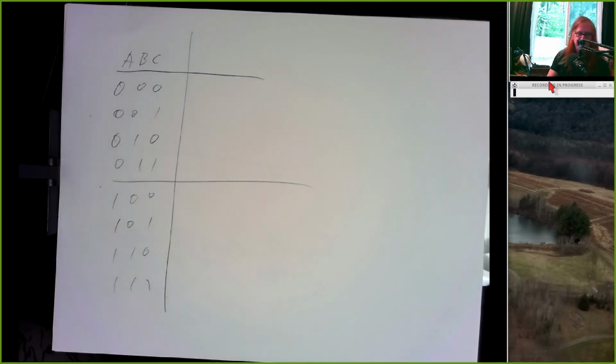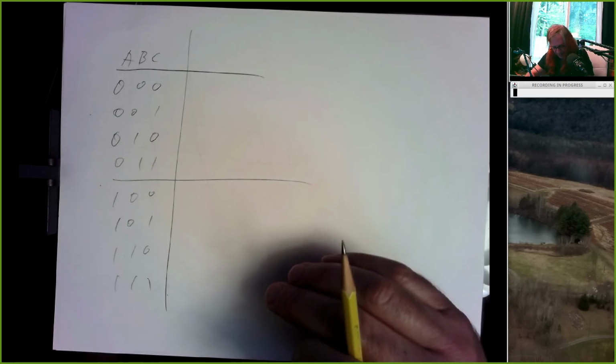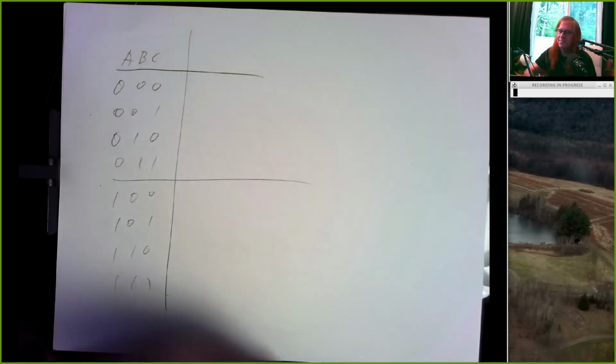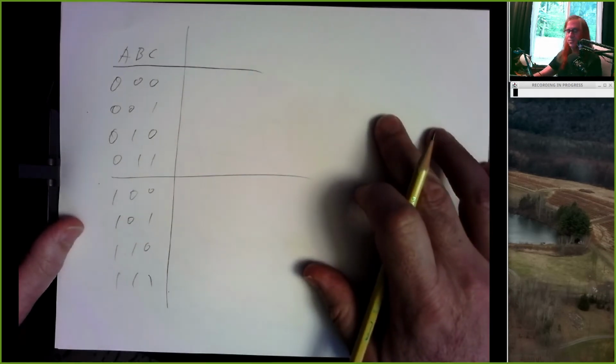All right, so our whole question is writing equations from truth tables. So, truth tables to equations. Here's a typical layout for a truth table. I'm going to pick on circuits containing 3 inputs, but this is the same process for 4 inputs or 2 inputs or whatever.